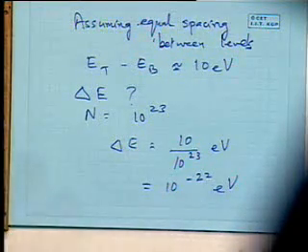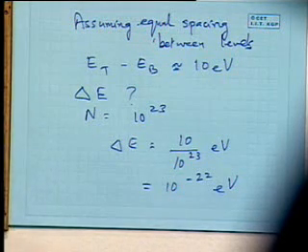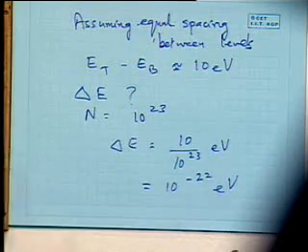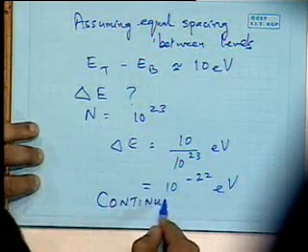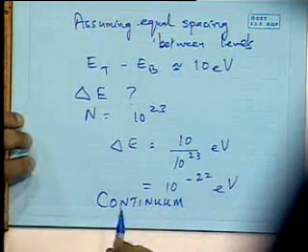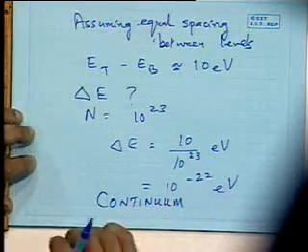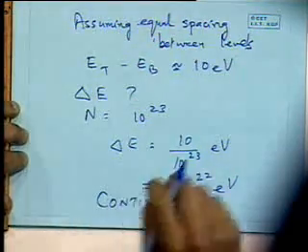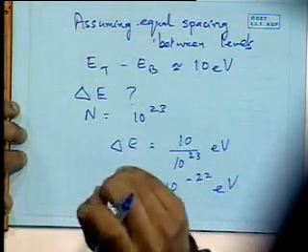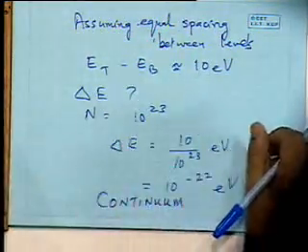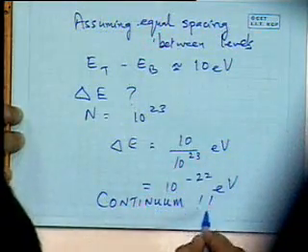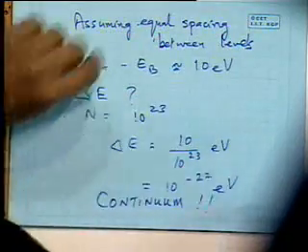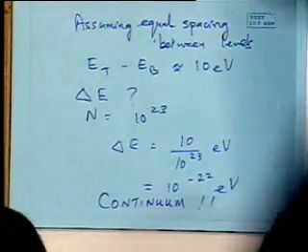It's practically nothing, and that's why there's no point now talking in terms of discrete levels. We're practically talking of a continuum. They're so closely spaced that we don't even need to talk about discrete levels anymore. We talk of a continuum of levels that are available, where electrons can easily cross that 10 to the power minus 22 eV if a little energy is available. So this will be our description from now on in terms of a band, which is basically a continuum description.